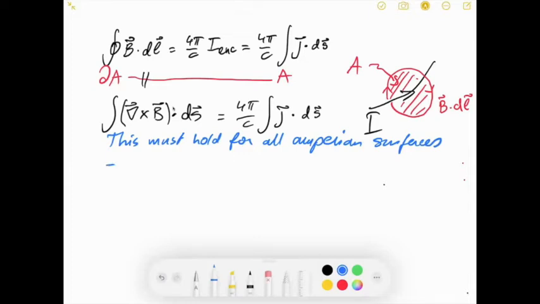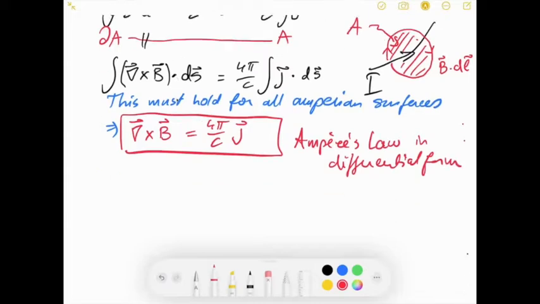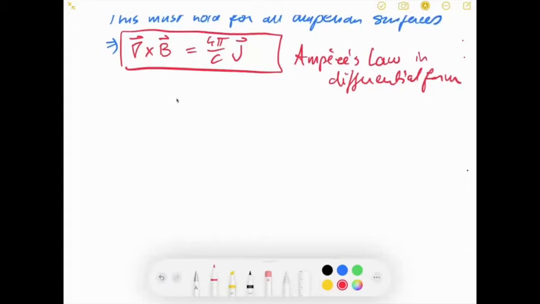So therefore, we can write it in differential form: curl of B is 4 pi over C J. And this is, of course, Ampere's law in differential form.